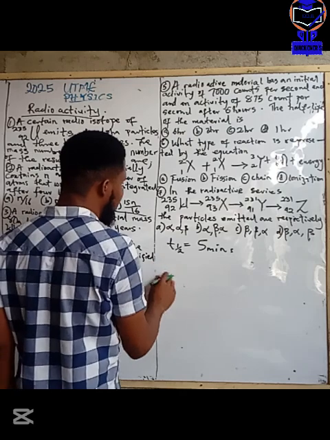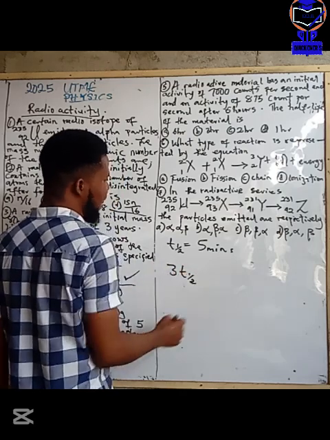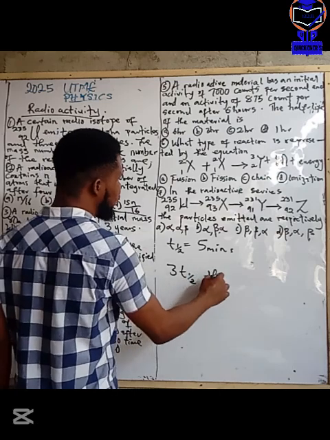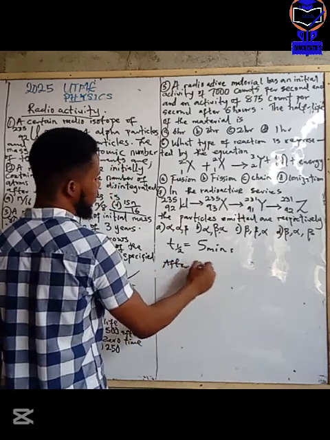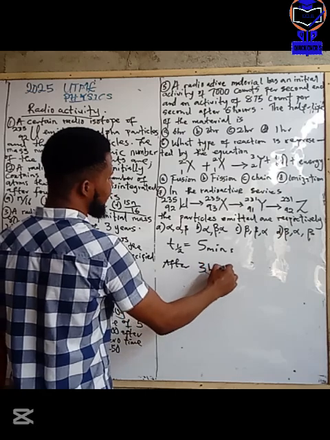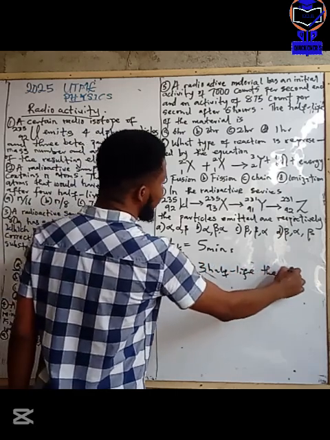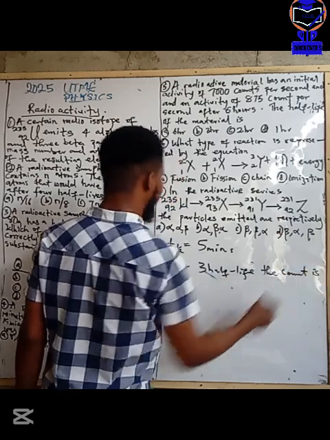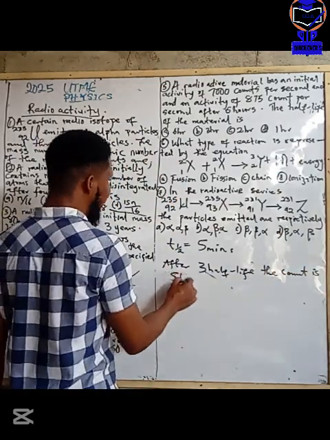So after 15 minutes, which is 3 half-lives. 3 half-lives. Let me put it like this. After 3 half-lives, the count rate is what? The count rate is 500, I mean.